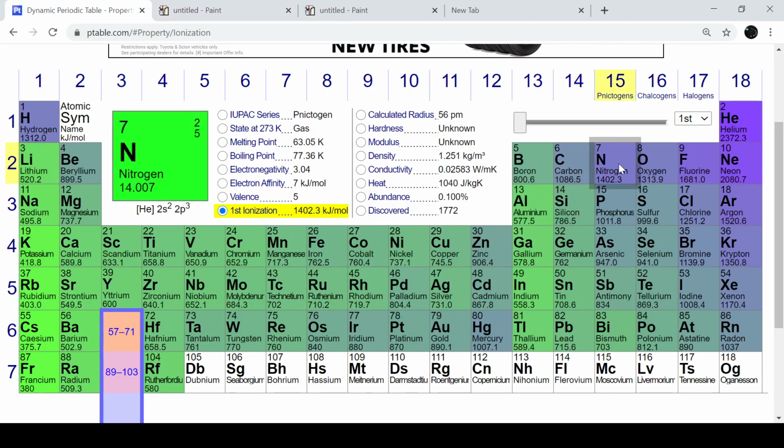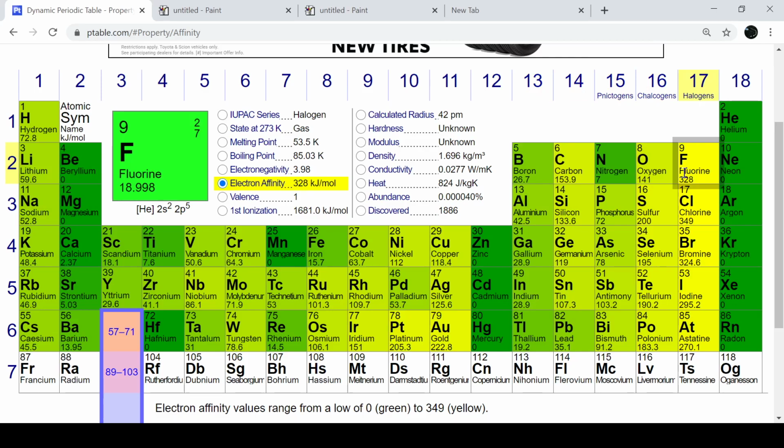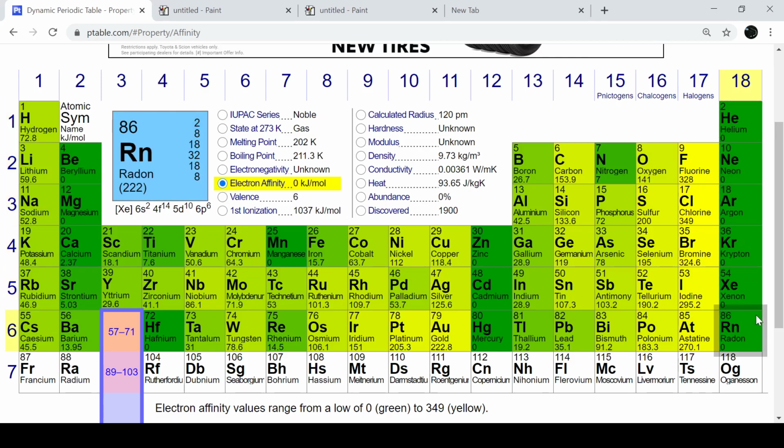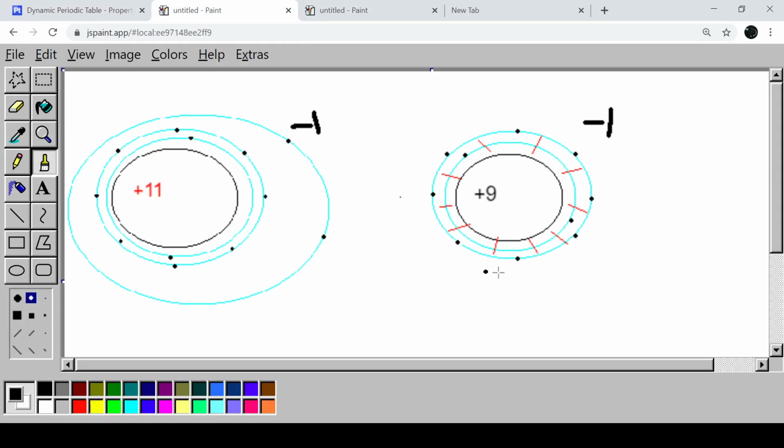Okay. And the smaller it is, the more likely that it's going to be able to hold on to an extra electron. Now, one thing that I want you to go ahead and note is that the noble gases right here all have an electron affinity of 0. And the reason that these have an electron affinity of 0 is because these ones are already all the way filled, okay?